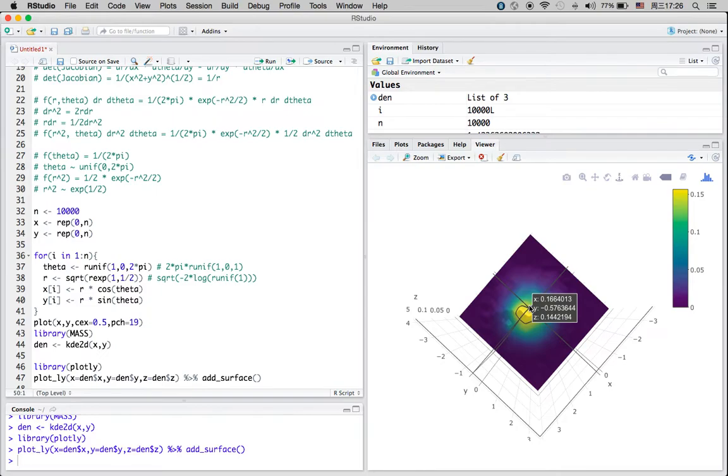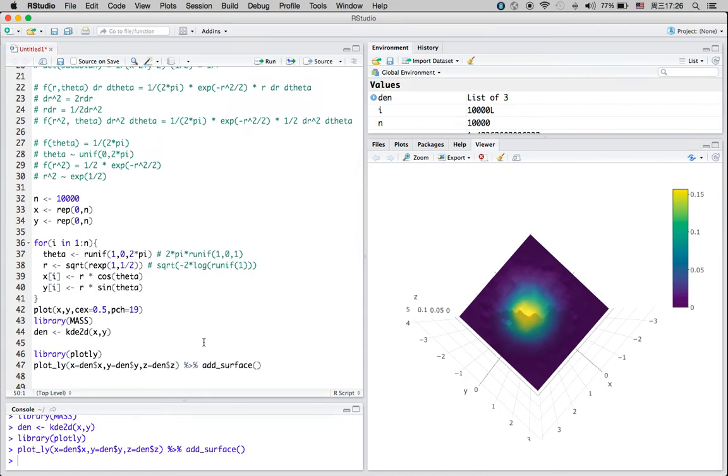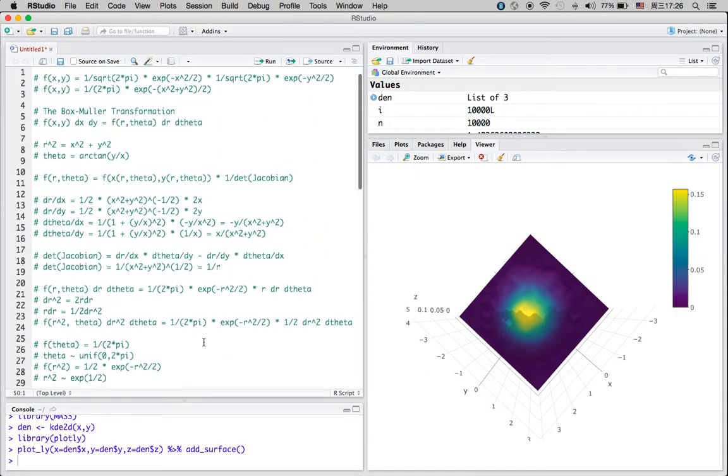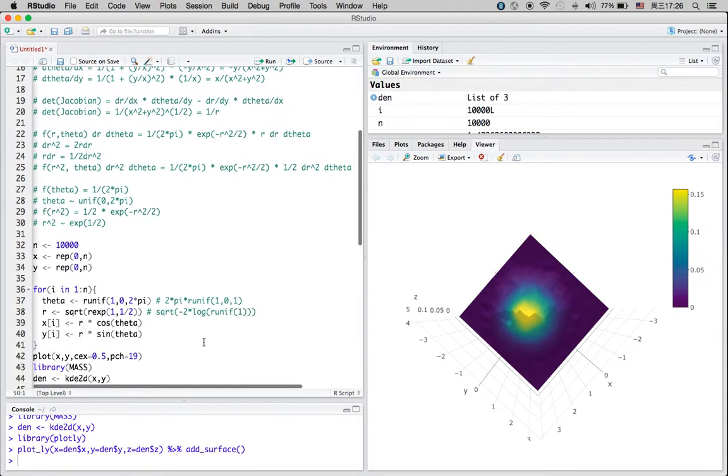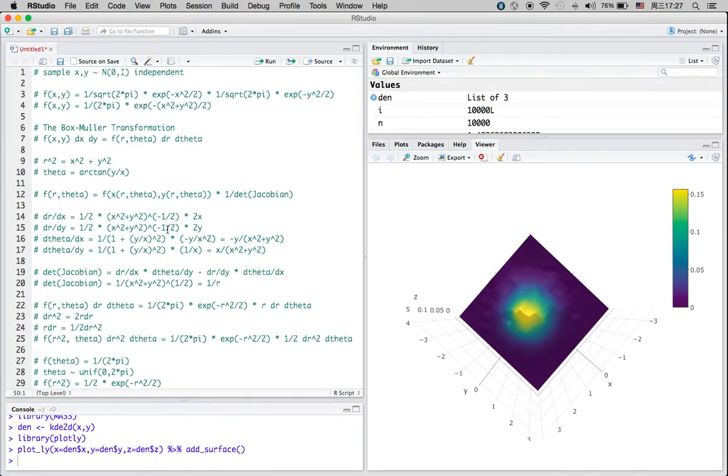There's no covariance, so x and y are independent. So that is the long form of the logic, or the algorithm, to generate a random sample from a bivariate standard normal distribution, which is just a normal distribution with zero mean and identity matrix.